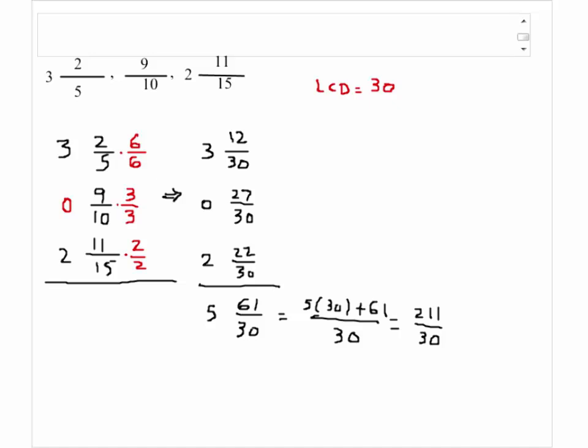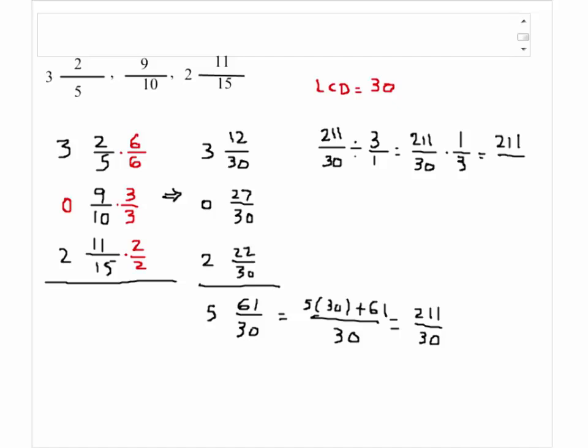So this is the number we need to divide by 3 to find the average. 211 over 30 divided by 3, or 3 over 1, is the same as 211 over 30 times 1/3. You change the division to multiplication, and we write the reciprocal of 3, which is 1/3.